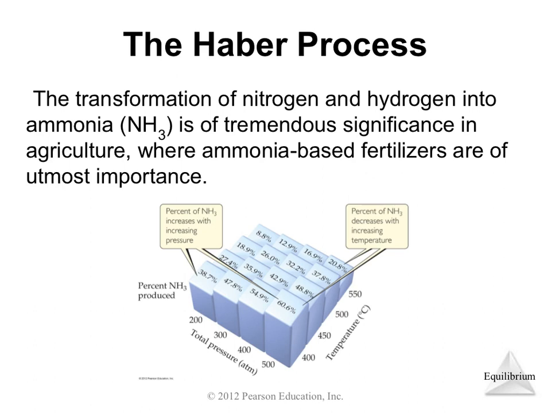So the Haber process is the process of taking nitrogen and hydrogen gas and forming ammonia. We've talked about this process a few times. It's a super common process, and it is used in industry a ton to make ammonia, which is a really awesome fertilizer. Now, the thing about this process is that it's not necessarily a favorable process.